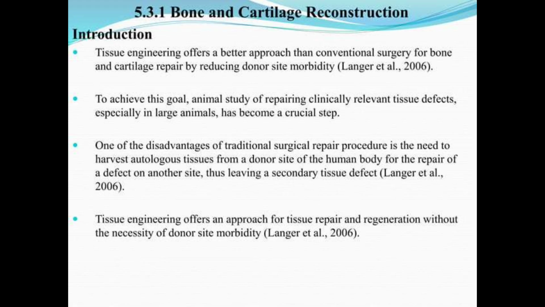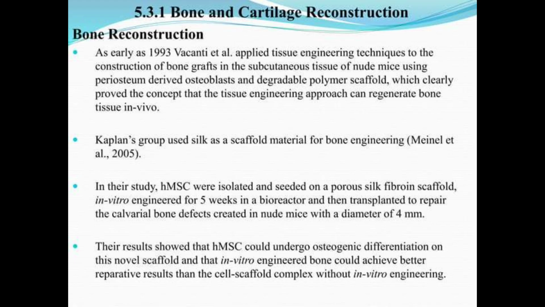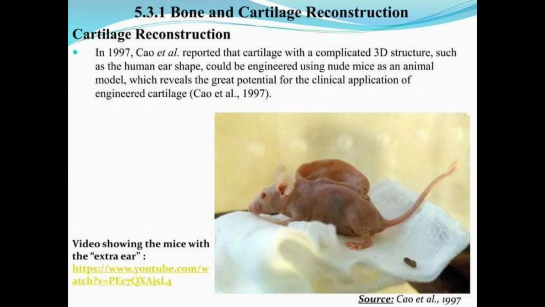Bone and cartilage reconstruction can be done in vivo as well as ex vivo, and gene therapy is done for the patients. Here is bone and cartilage reconstruction. Here is the production of a 3D structure of the human ear shape by genetically engineered nude mice.